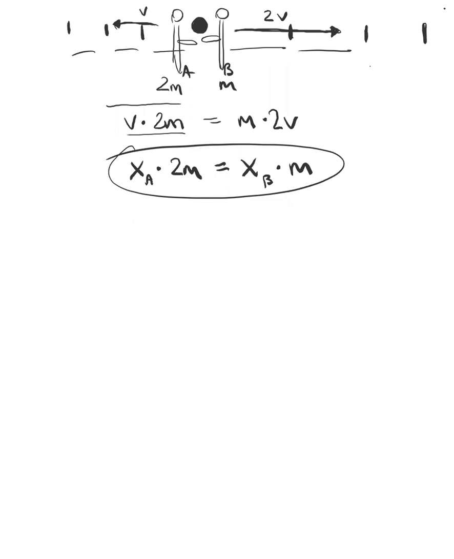Now, what happens if we have more than 2 objects? Let's say we have 5 objects. I will draw 5 objects here. They could be 5 asteroids or any other objects that interact between themselves but don't interact with anything else, anything external.